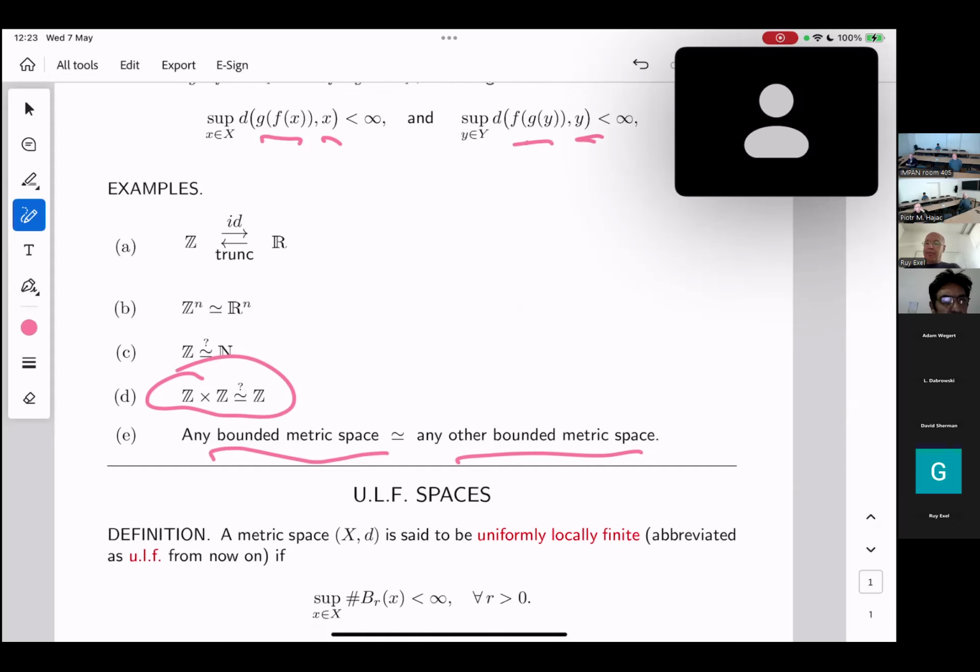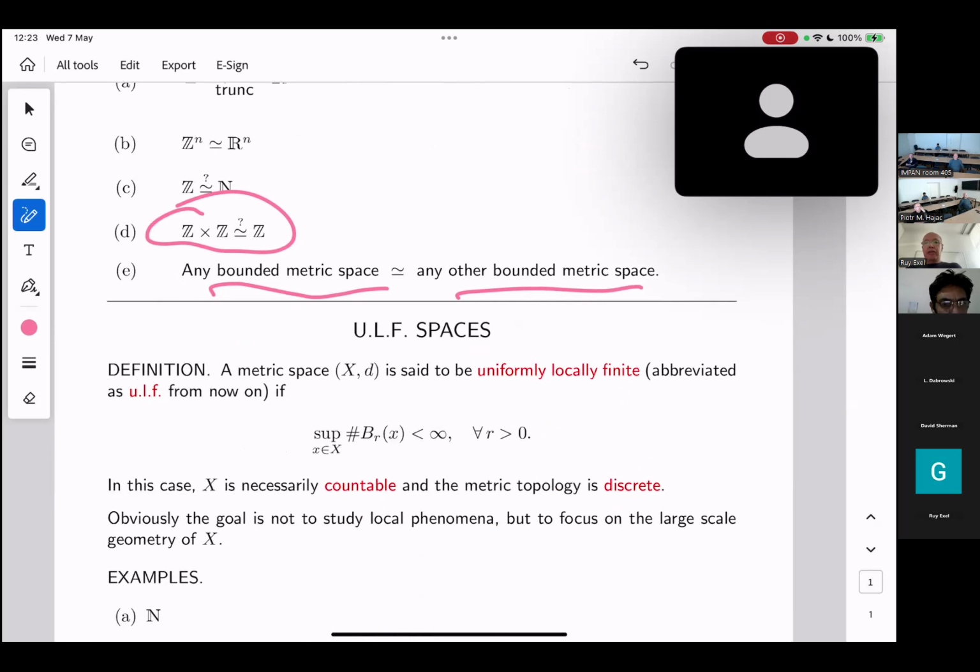First of all, we're going to restrict ourselves to what are called ULF spaces, meaning uniformly locally finite spaces. A metric space is uniformly locally finite if you fix R and look at the balls in your space, all balls of radius R are finite.